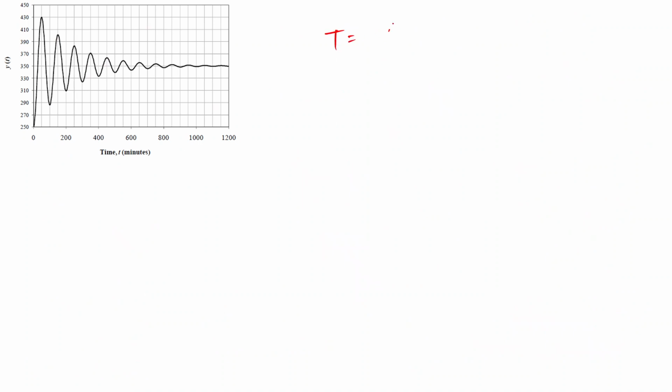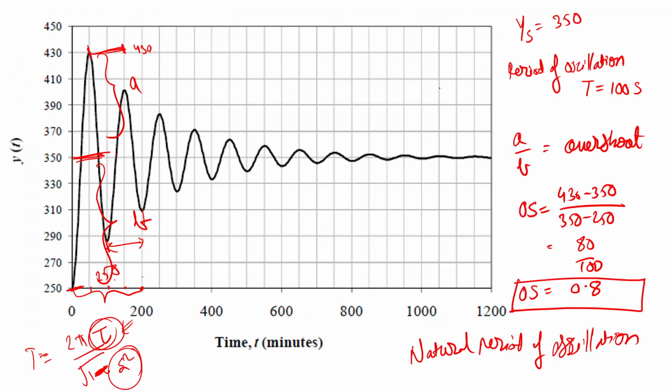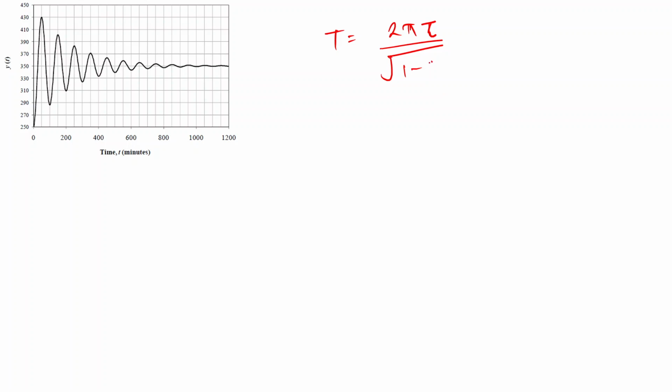So T is 2 pi tau upon under root of 1 minus zeta square. The time period of oscillations from the graph we found out to be 100 seconds. We can write this as 100 is equal to 6.28 into tau, which we have to find, upon under root of 1 minus 0.07 square.